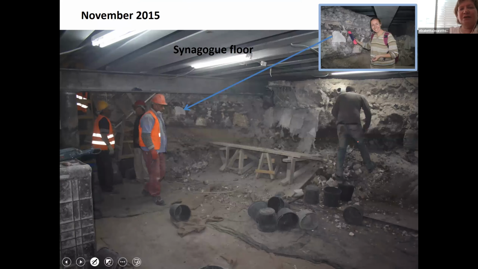That's how we start. This is the synagogue floor where the people are praying, and you see all this was filled up with all kinds of sediments and construction material from 2000 years till the Ottoman period.